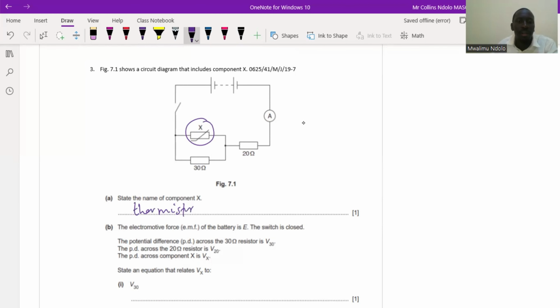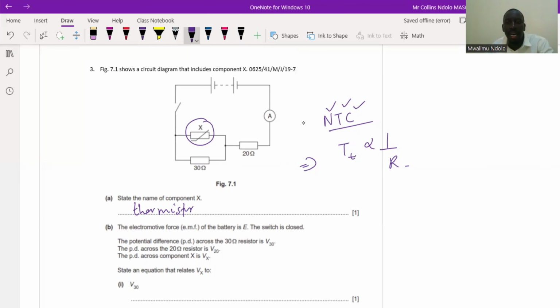The temperature of a thermistor is inversely proportional to its resistance. We are talking about a special type of thermistor that is called NTC, that is negative temperature coefficient. At our level in IGCSE, we just need to know that it's called a thermistor, but should you do physics at a higher level, then you need to be specific.